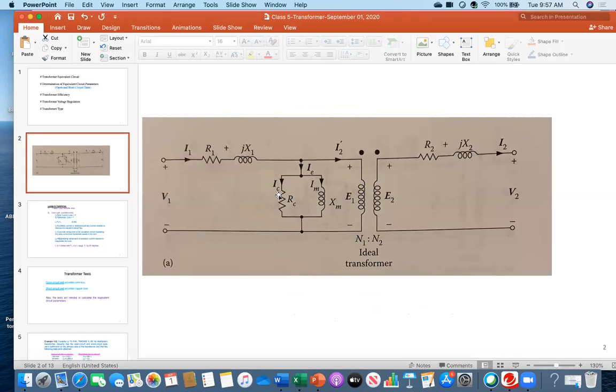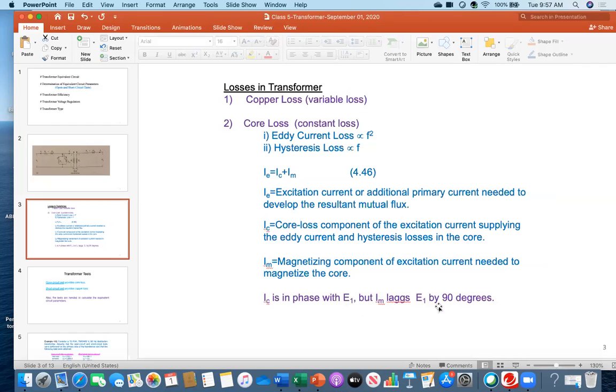So IC is in phase with the voltage. They have no phase difference. But because this is an inductance, the IM current will lag this voltage by 90 degrees. That is the meaning of what I have written here.